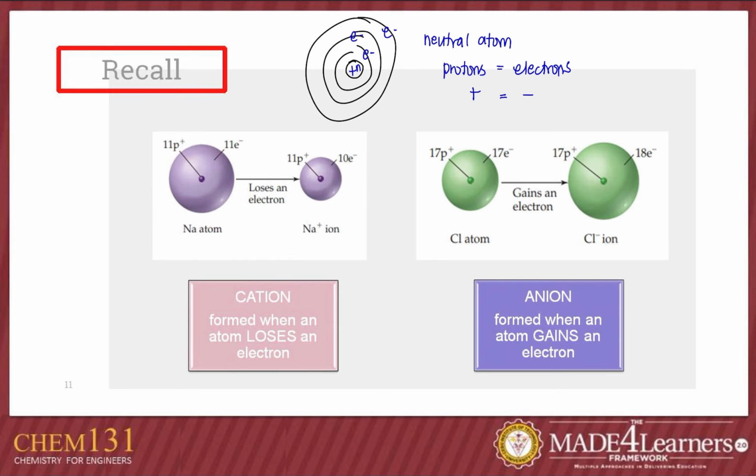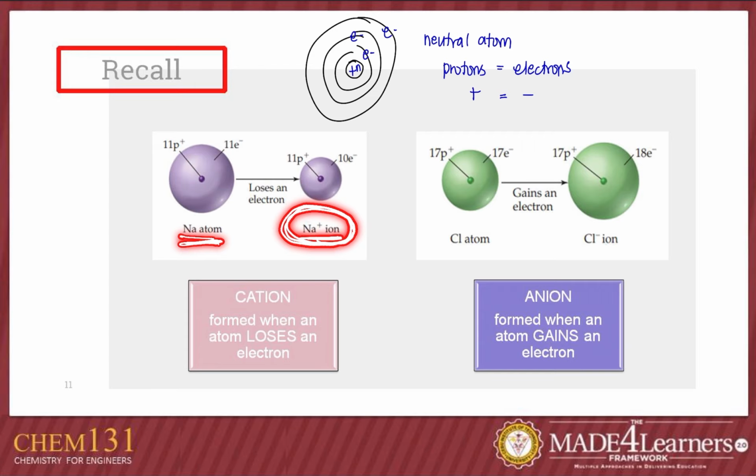But sodium can lose 1 electron. It can give it to another atom. When sodium loses 1 electron, it still has 11 protons because that cannot be changed. Only the electrons can be transferred. Since it lost an electron, only 10 remain. Which is now greater? The protons. What is the difference? 1. Therefore, a sodium ion is formed. If a neutral atom either gains or loses electrons, it forms an ion, a charged particle.